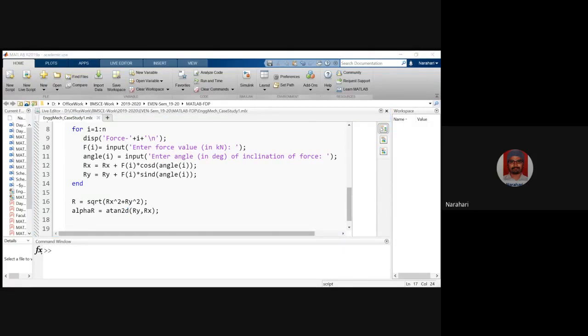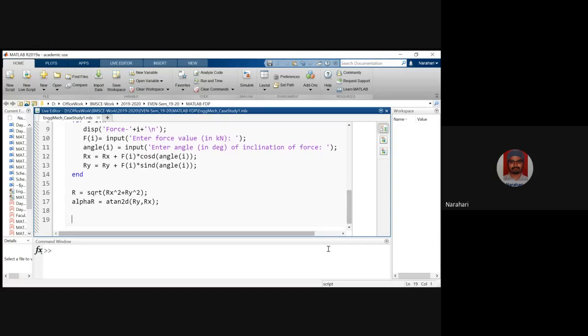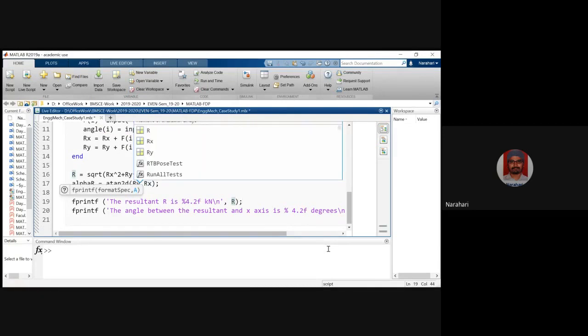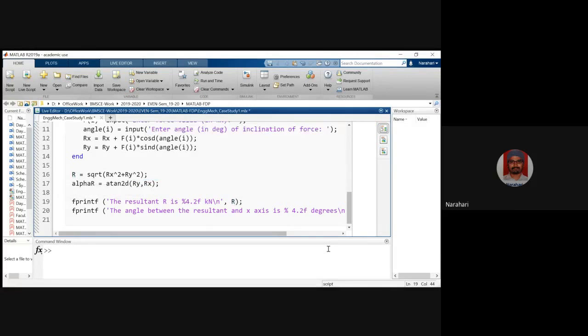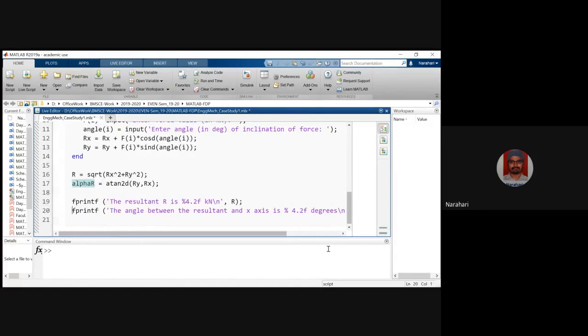Okay, so this is the idea. Now let me print this whole thing. I'm not sure whether people have discussed the print function, so I'll show you. I'll copy paste it because it will save some time. So this is fprintf. I hope you remember that there is something called printf in C programming, if you have undergone a C programming course.